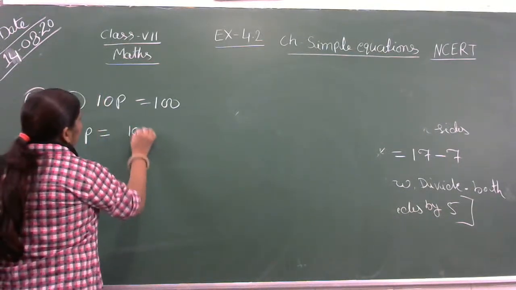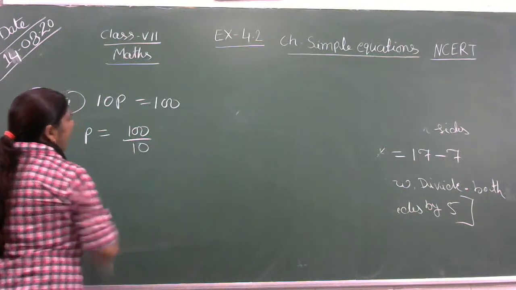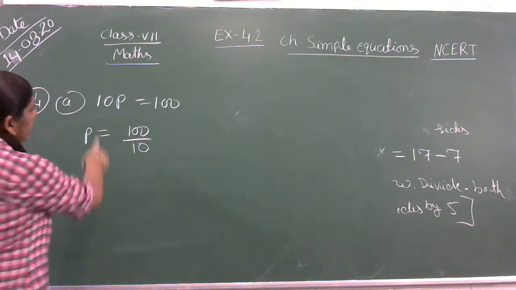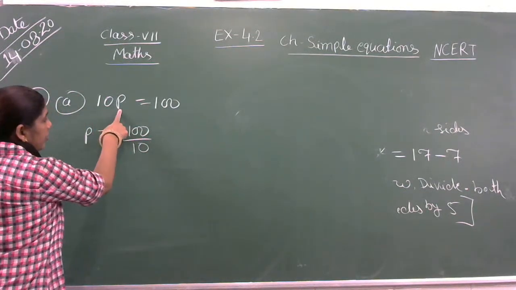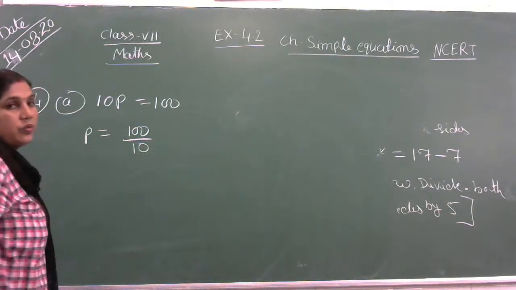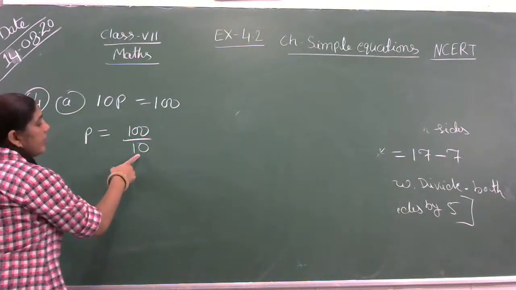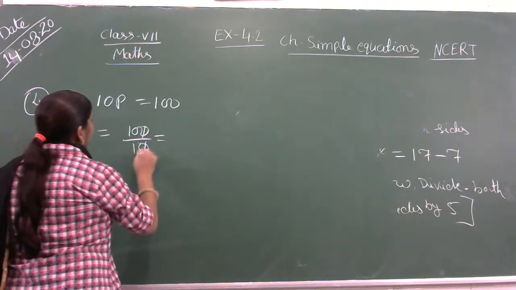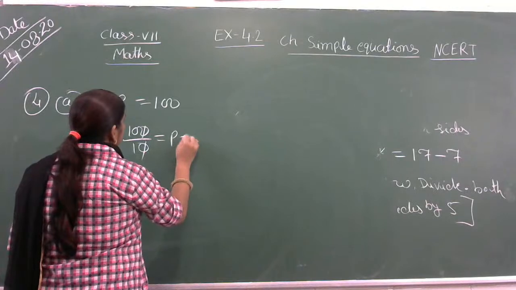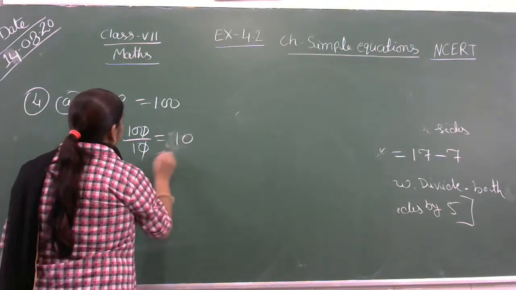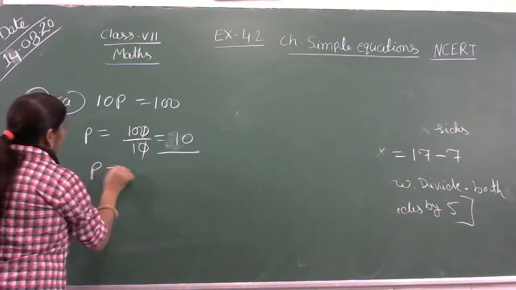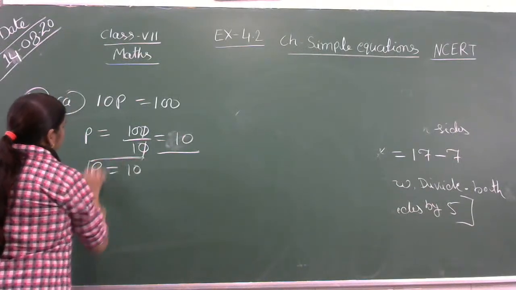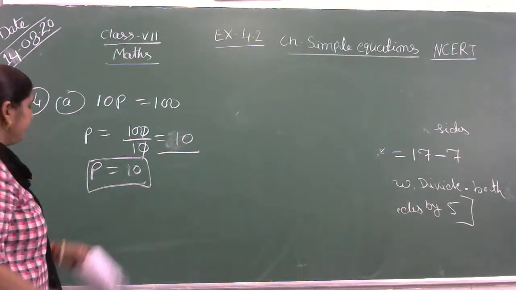So p equal 100 upon 10. So p equal 10. This is the answer.